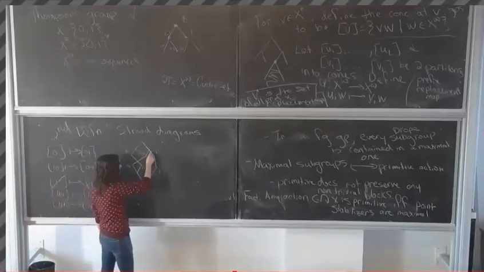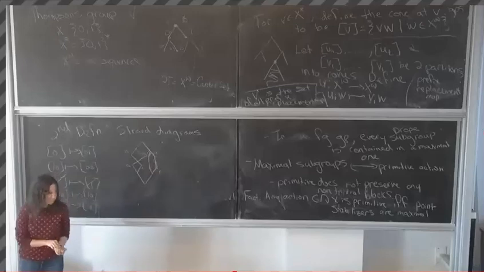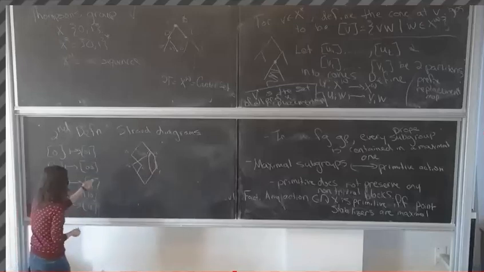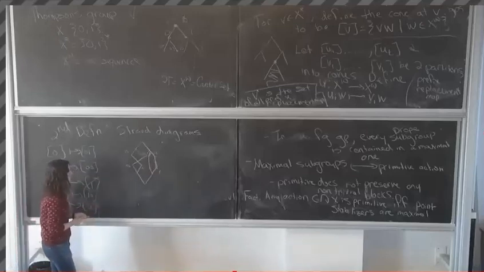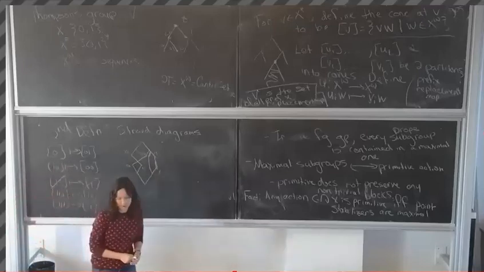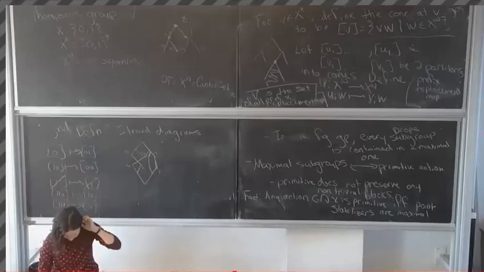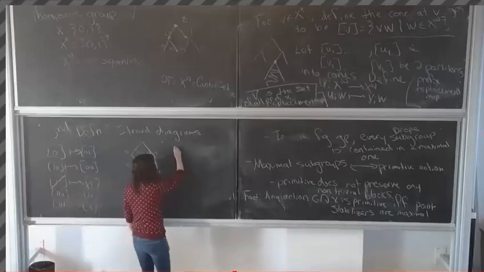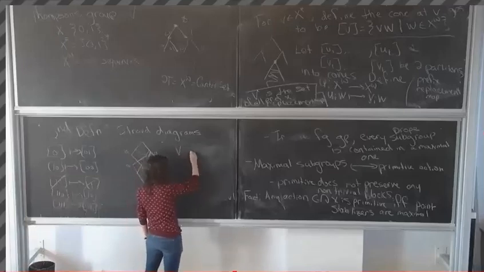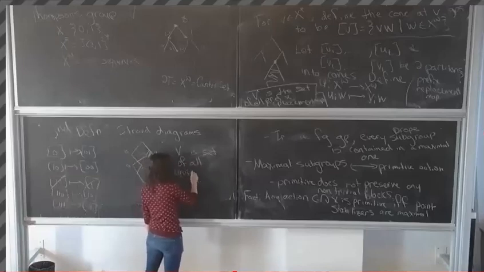But on the tree, it corresponds to putting an extra caret here and connecting the two sides. This will be important for us as we start looking at these maximal subgroups to keep in mind that you can always break things apart, and this is steadily going on in the background of everything we're doing. So we can define V alternatively as the set of all equivalence classes of strand diagrams.